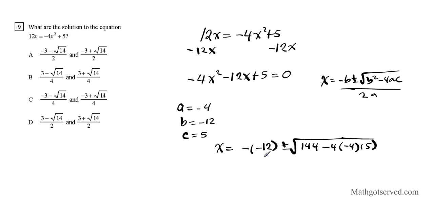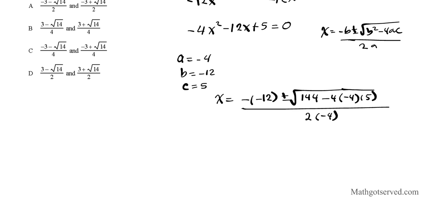And this whole thing divided by 2a, a is negative 4. All right, so this is going to become 12 plus or minus the square root of 144. Minus times minus is a plus, and this is 80, because 4 times 5 is 20 times 4 is 80, divided by negative 8.